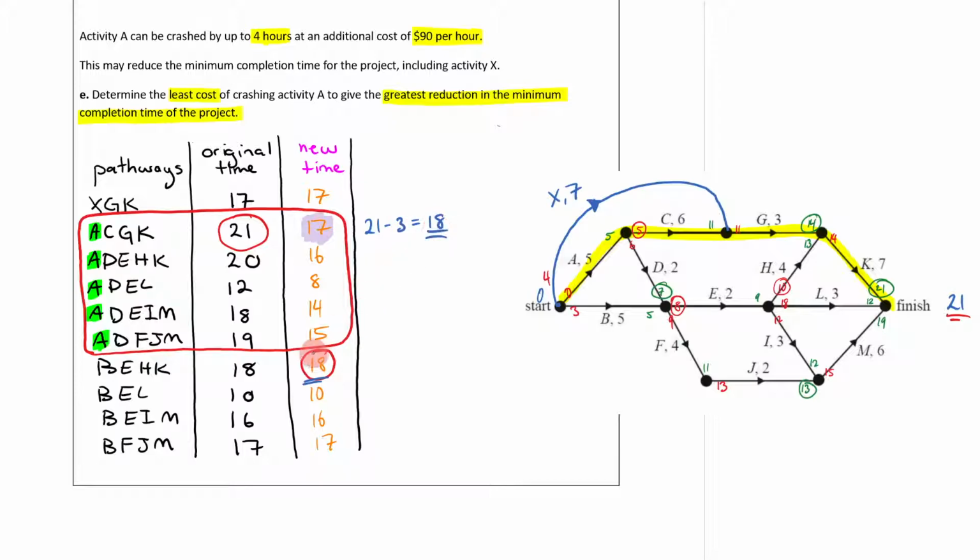It was pointless to reduce it by 4 to make it 17 because my completion time is still going to be 18 because I created a new critical path. Therefore, it is better to reduce it by 3 hours because you've achieved your greatest reduction for a smaller cost. So that means it's going to be A times 3, which is 90 times 3. It's going to be $270 here.